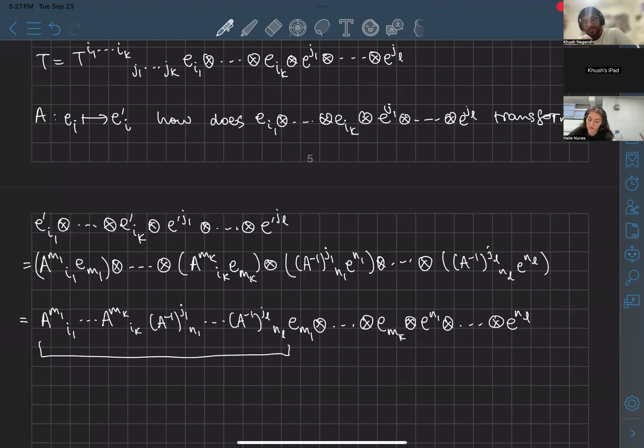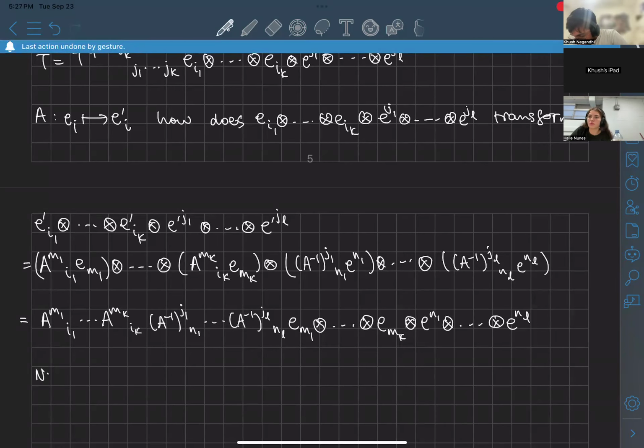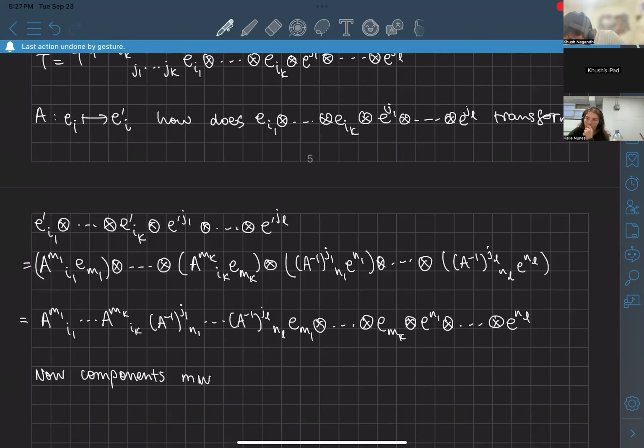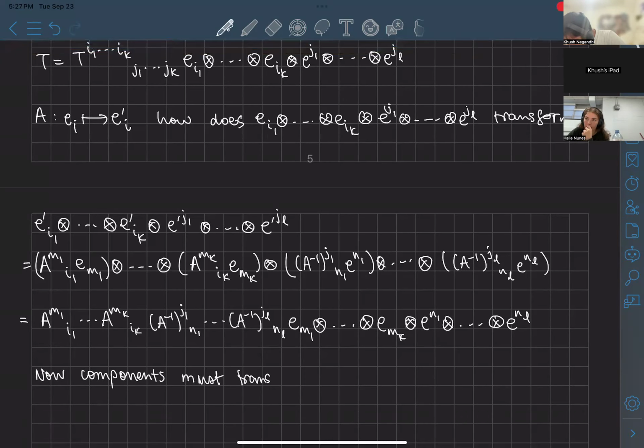So the components must now transform by the inverse of these. Now, components must transform by the inverse.